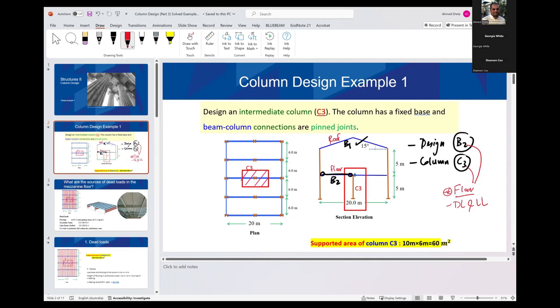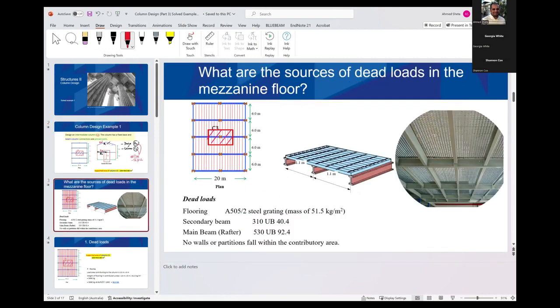So if we look at this example here, for the dead loads, what was the flooring? This information is not given to you in the project, so you need to make a search and find it. You can use steel grating as the flooring system for this mezzanine floor.